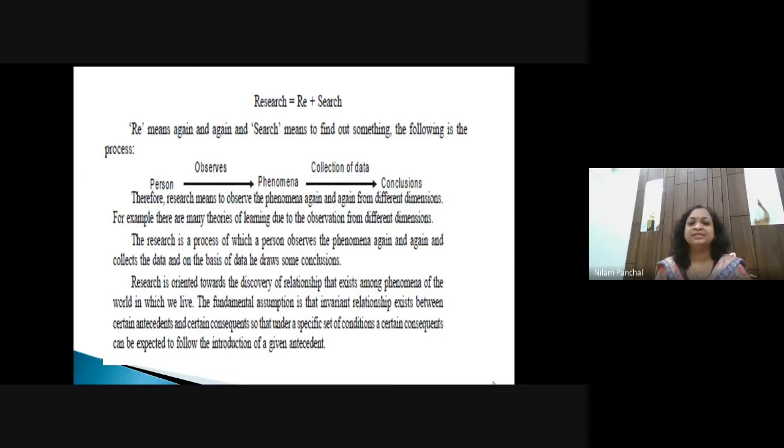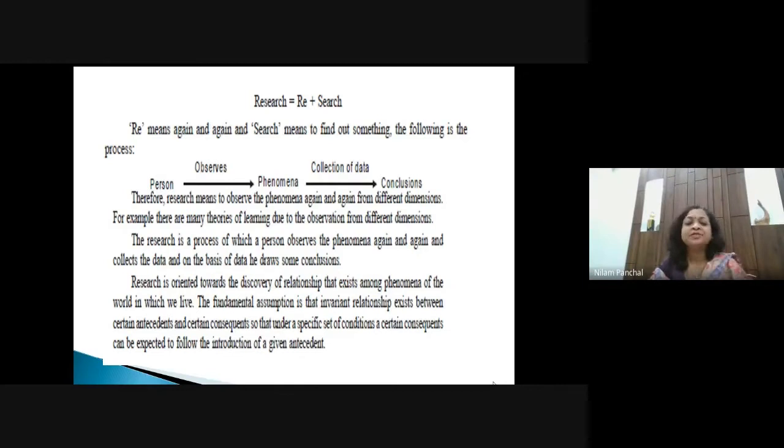and the conclusions. Therefore, this process is considered as observation of the phenomena again and again from different dimensions. For example, there are many theories of learning due to observation from different dimensions. So research is a process in which a person observes the phenomena again and again and collects the data, and on the basis of data, he draws some conclusions.